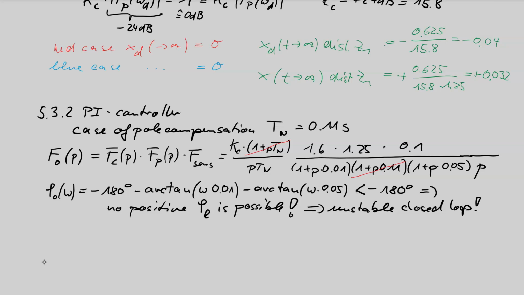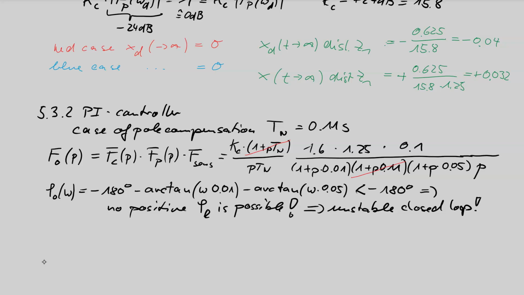What was in project 1 very good, what was in project 2 very good, what was in project 3 very good, is here a catastrophic case. So not only bad but unstable. So be careful using pole compensation, be sensible. Look, if there's an integrator, please don't do pole compensation.